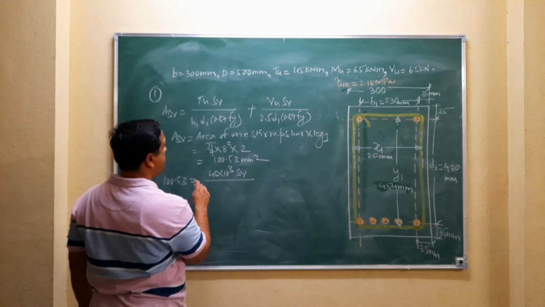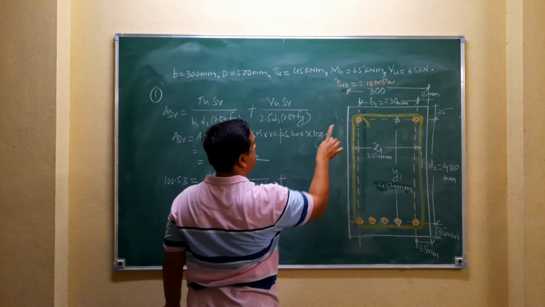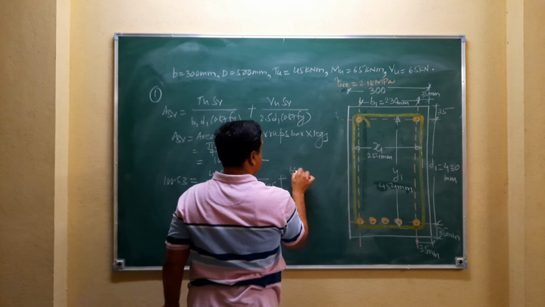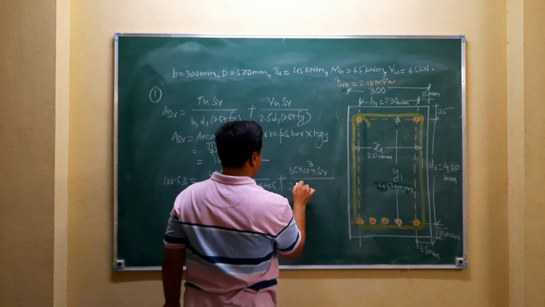B1, we have the value B1 is 230. D1 is 430 into 0.87 Fy is 415. Plus next Bu, you know the value of Bu? Bu is 65 into 10 raised to 3 into SV divided by 2.5 D1.